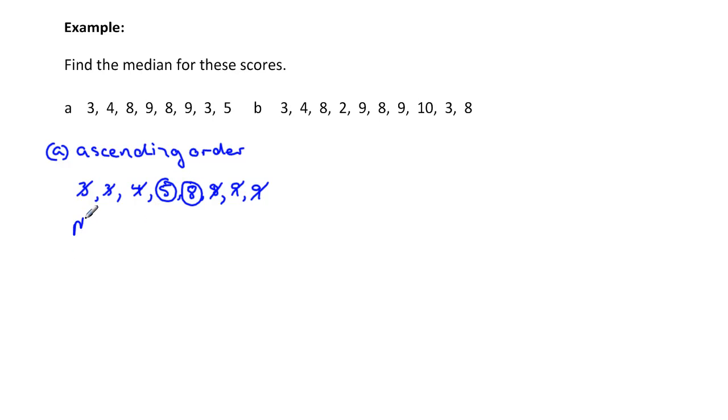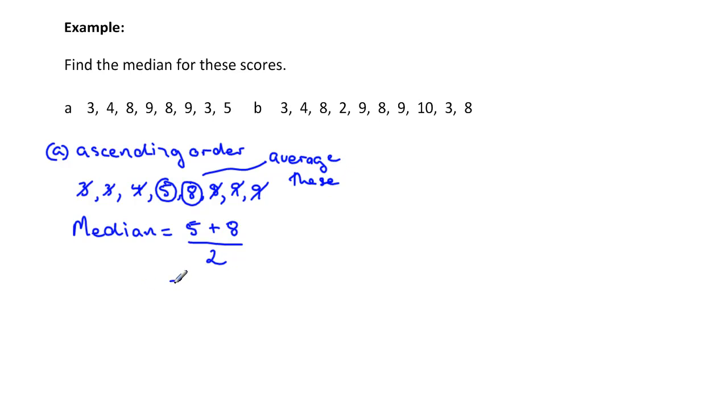So the median has to be calculated by taking the average of those 2 scores. Whatever they are, average them out. So we might put this here, average these. And you always have to do this when you've got 2 numbers left in the middle.